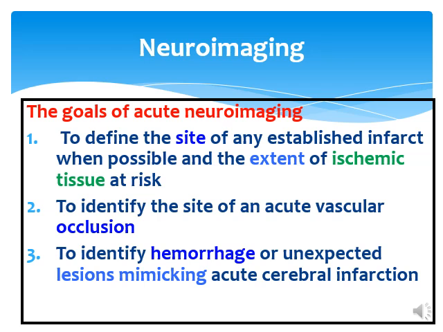Neuroimaging. The goal of acute neuroimaging is to define the site of any established infarction when possible, and the extent of ischemic tissue at risk. So to know where the site of the ischemia or infarction is, and the extent around this core of infarction of ischemic tissue at risk of more infarction or more death of brain cells.